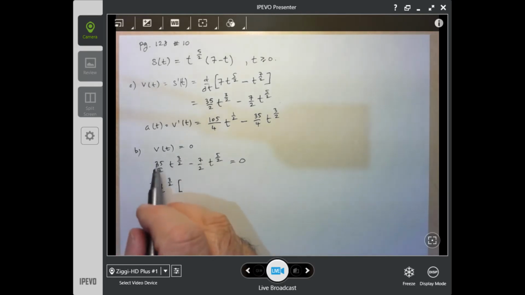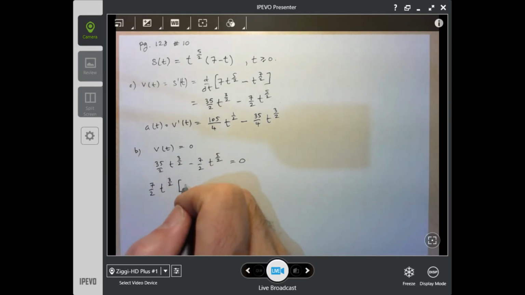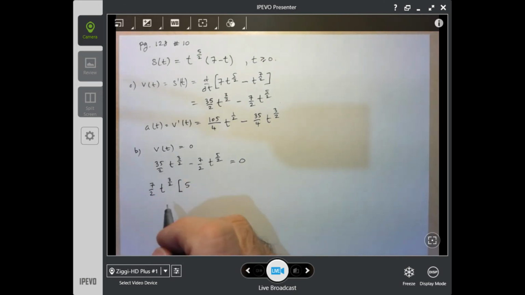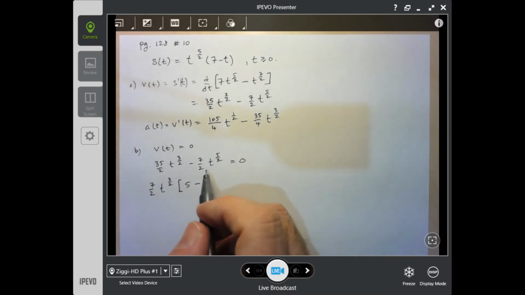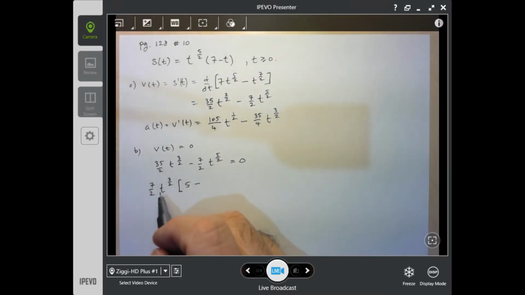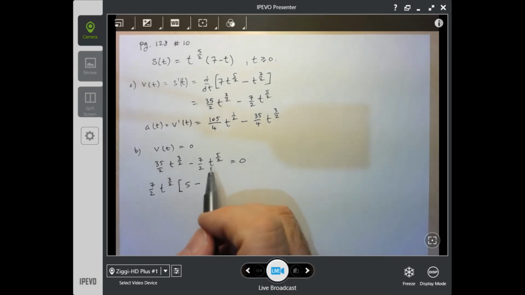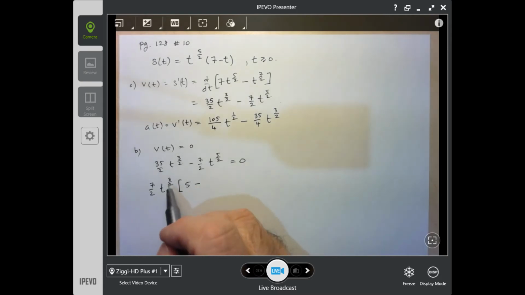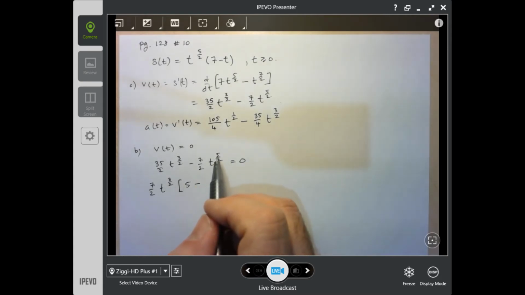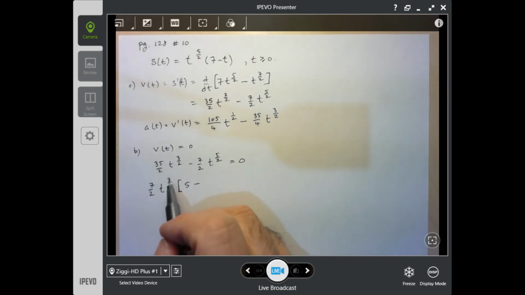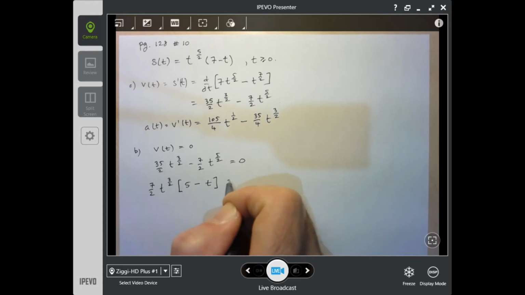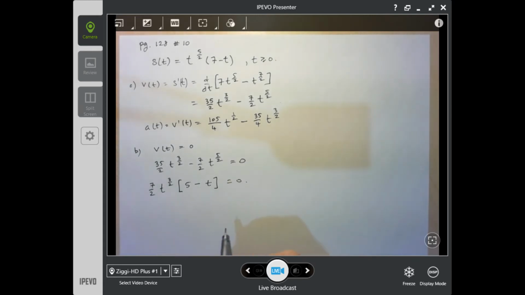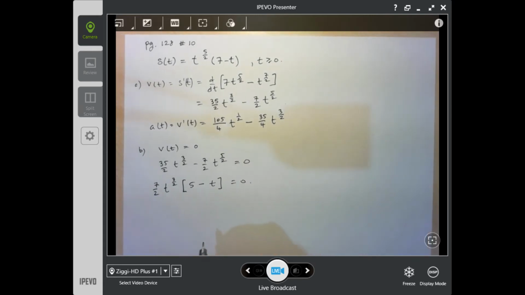I took out a 7/2, so the only thing I'm left with here is 5. I've taken out the 3/2, minus, so the 7/2 is gone. And let's see what happens when I divide out t to the 3/2 from t to the 5/2. I'm doing a division, so I'd be subtracting the exponents. 5/2 minus 3/2 is just 2/2, 1. So I'm just left with t. And we see how that makes it quite easy.